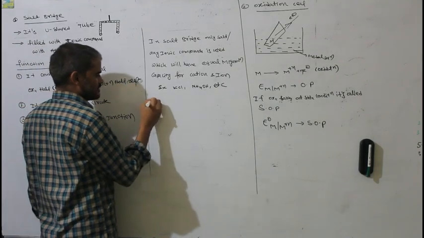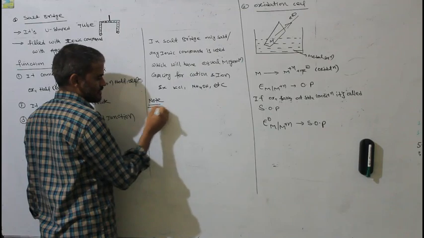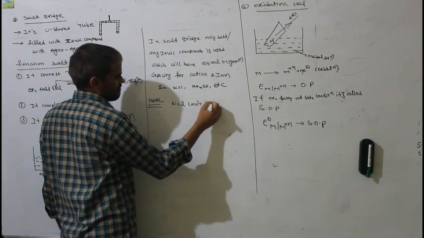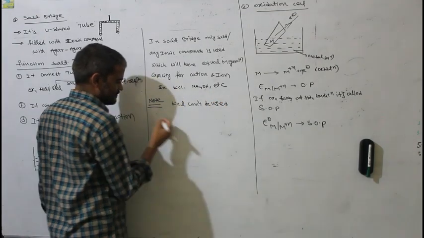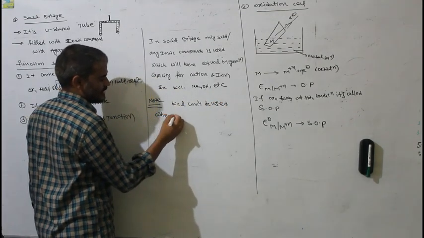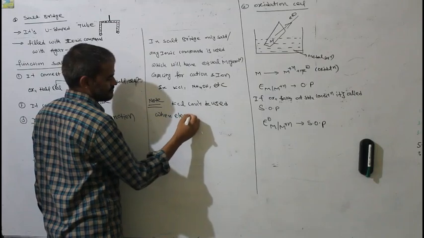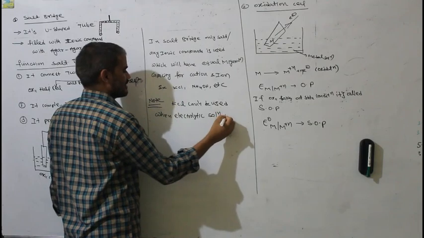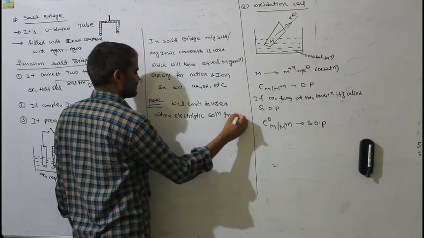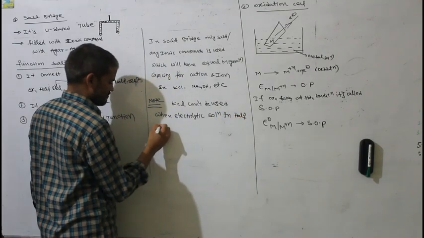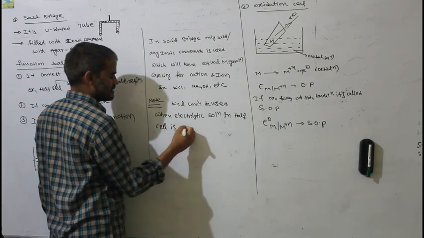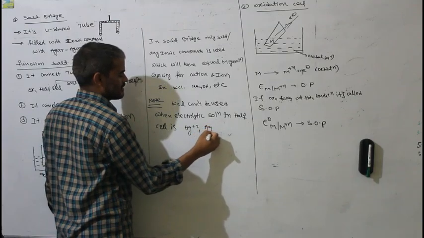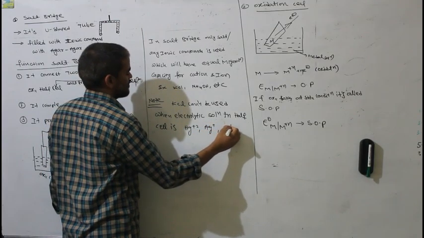One important note is, KCl cannot be used when the electrolytic solution in the half cells contains mercury, silver or cadmium +2.